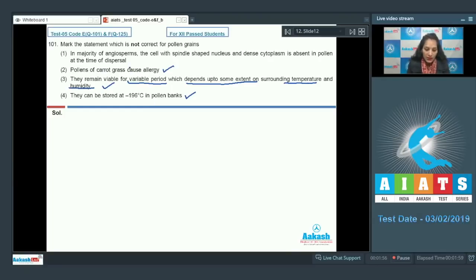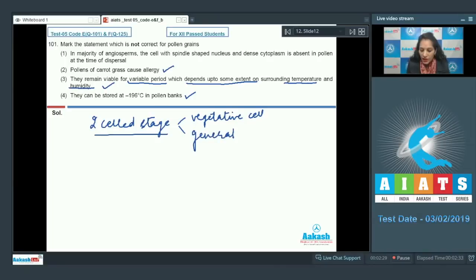The first statement, in majority of angiosperms, the cell with spindle-shaped nucleus and dense cytoplasm is absent in pollen at the time of dispersal. In majority of the angiosperms, the pollen grains are shed at the two-celled stage. And this two-celled stage of the pollen grain contains the vegetative cell and the generative cell.